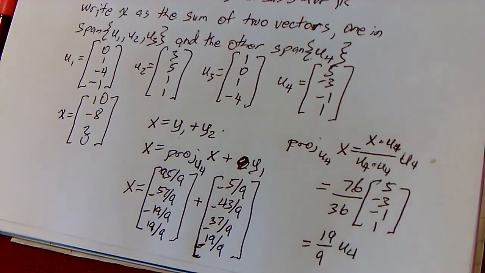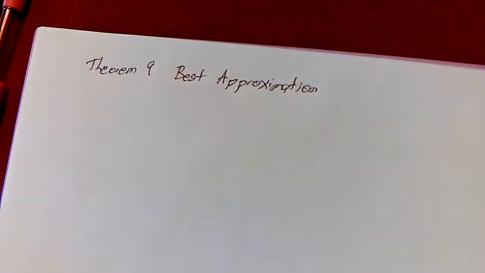Okay. All right, so we have another theorem in this section. It's theorem 9. It's the best approximation theorem. Okay, which says largely what that picture showed that I told you.